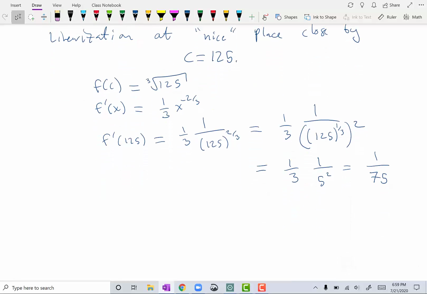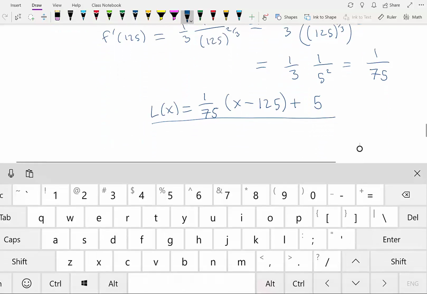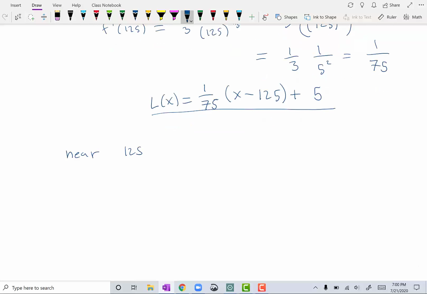Okay, so our L of x is 1 over 75 times x minus our nice place nearby, plus f at our nice place. So f of 125 we said was 5. Okay, so this is the linearization. And then remember, the idea is near 125, f of x is approximately the same as L of x.